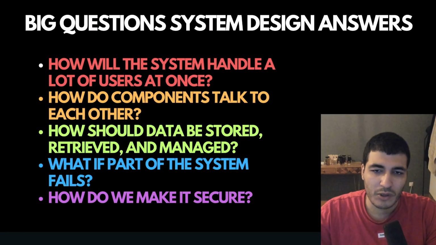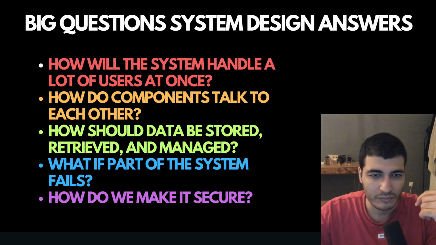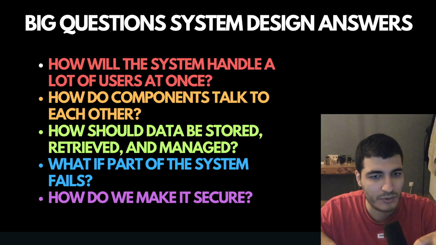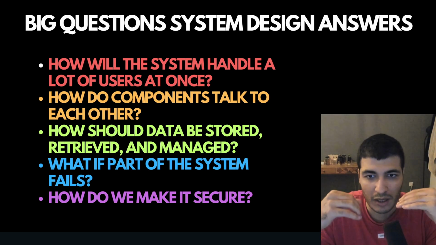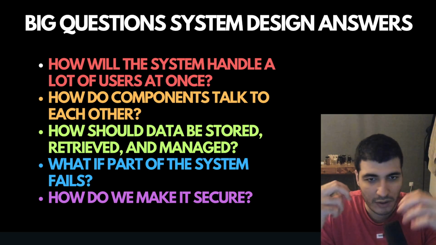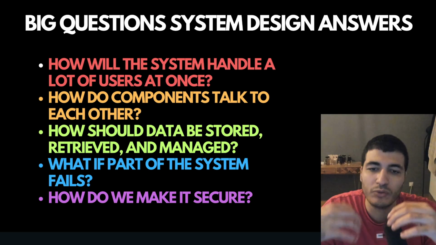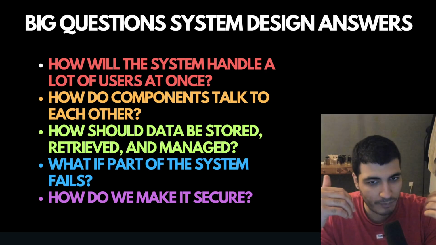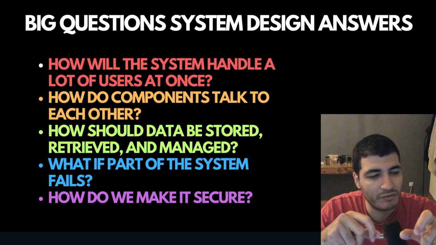Okay, let's talk about the big questions that system design answers. At its core, system design is all about answering some big questions. The first one is how will the system handle a lot of users at once? Number two, how do components communicate and exchange data? Number three, how should data be stored, retrieved, and managed?